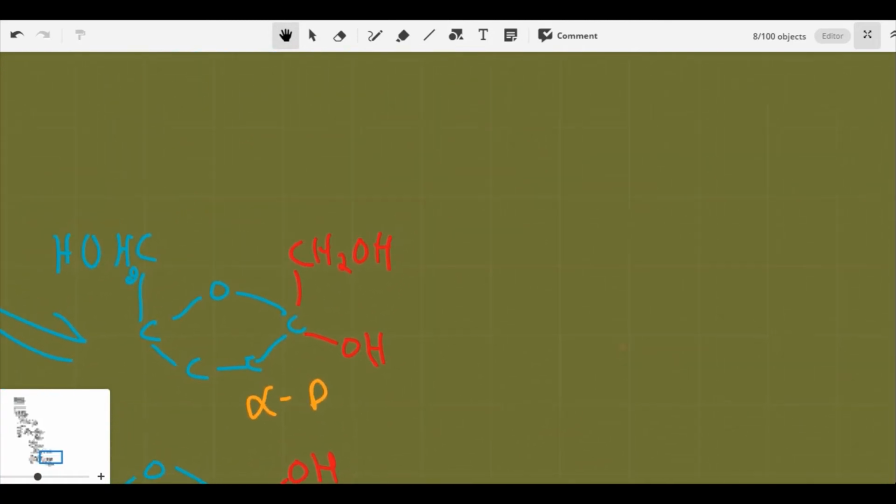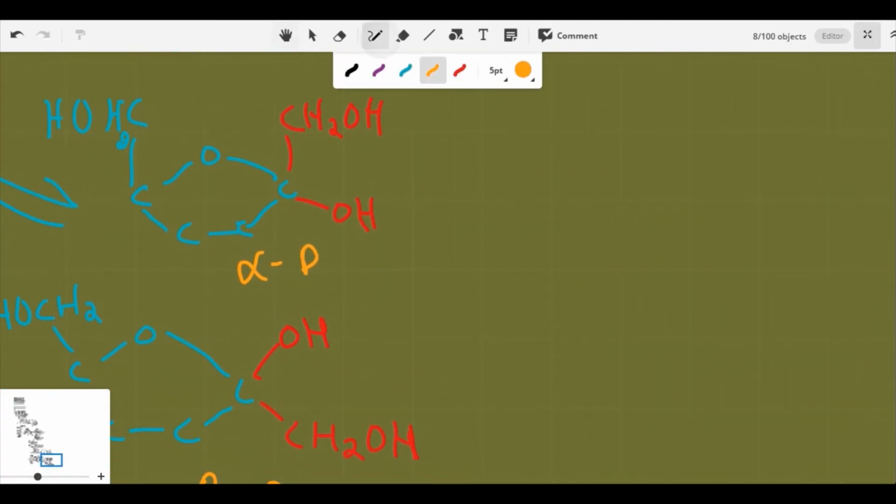I am going to show you one structure. Like 1, 2, 3, 4, 5, and here is 6.